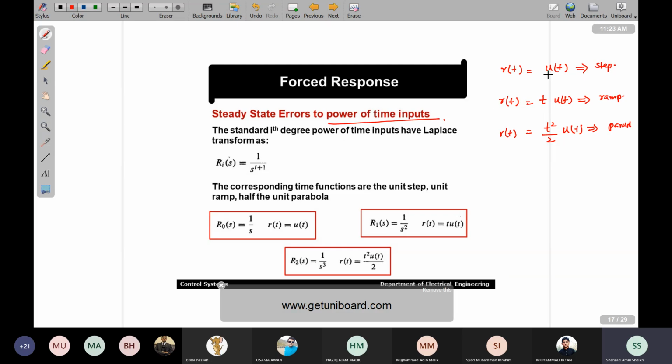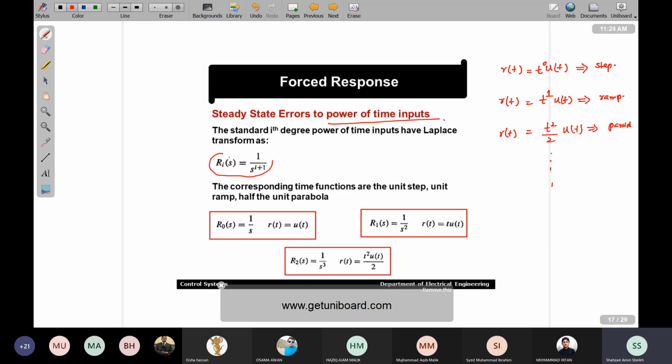सो ये जो लिखा हुआ है पावर ऑफ टाइम इनपुट्स, इस बात का मतलब यही है, this is t raised to power 0 u of t, this is t raised to power 1 u of t, this is t raised to power 2 u of t, and similarly we can raise these values, and we are interested कि किस तरह से हमारा सिस्टम, कोई भी सिस्टम हमारा इस तरह की इनपुट्स को ट्रैक करता है, ठीक है। सो in fact अगर मेरे पास RFT u of t है तो my output will be the Laplace domain transfer function will be equal to 1 over s, in case of ramp function it is 1 over s square, इस case में it is 1 over s cube.